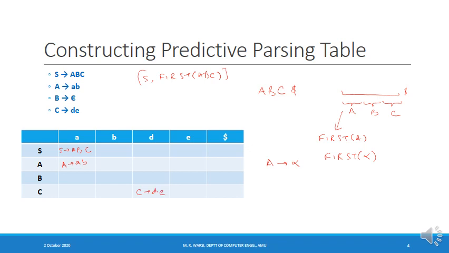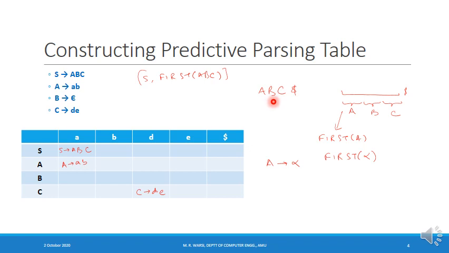Let us now look at the production of the variable capital B. This production is deriving epsilon. So what is the implication of this?